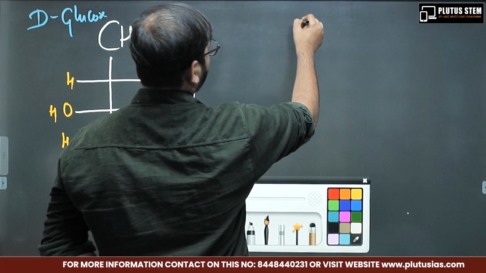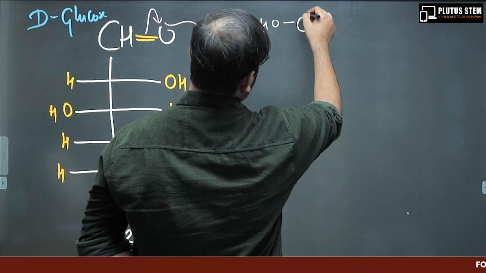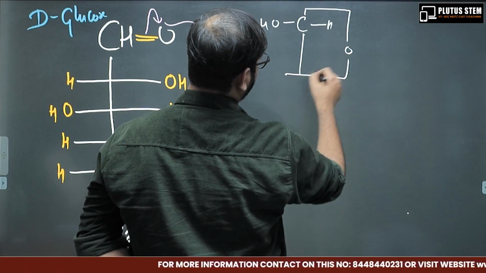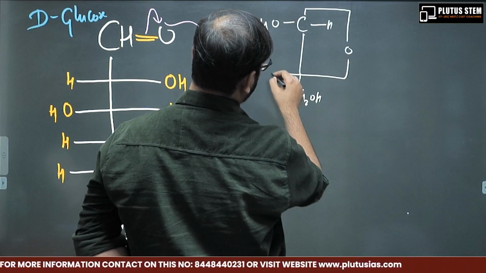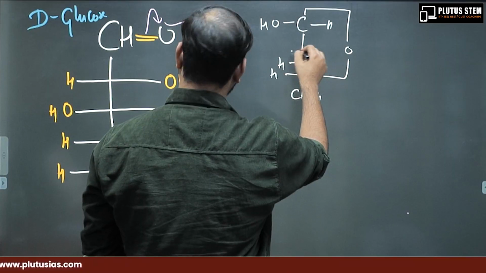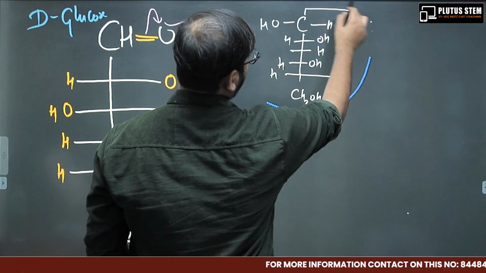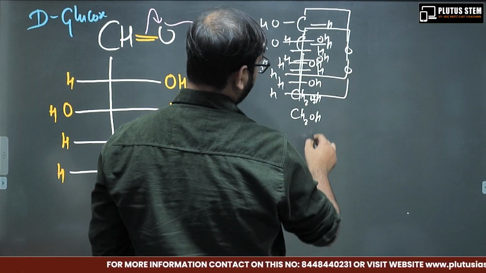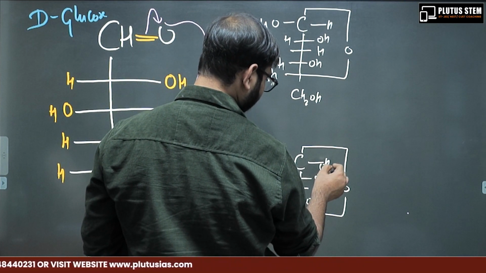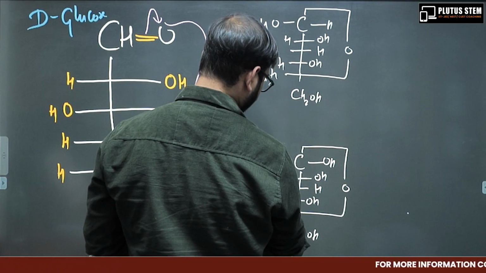First, the OH can be outside of the ring and oxygen remains bound with carbon at the fifth position, CH2OH, H, and the rest of the molecule remains unbothered, OH, H, OH, and H. The other option is I can have the exact same molecule, but the OH may also lie inside of the ring.